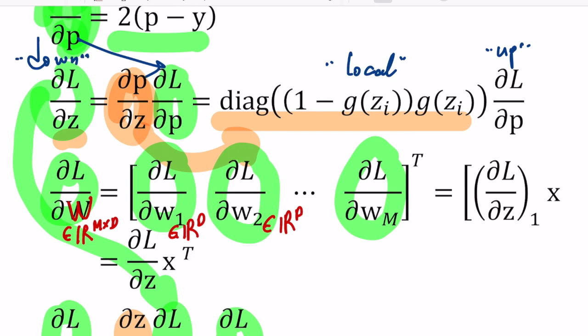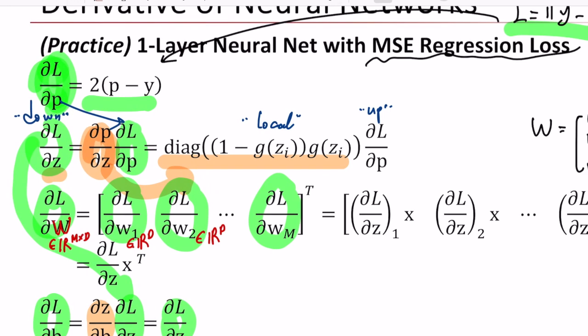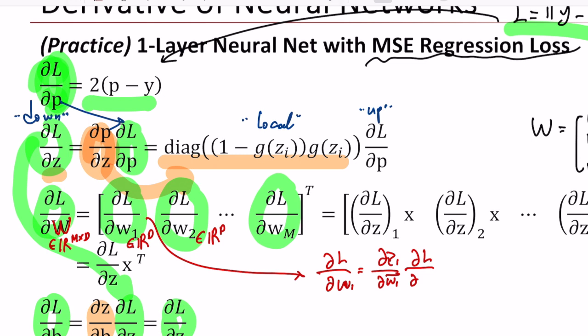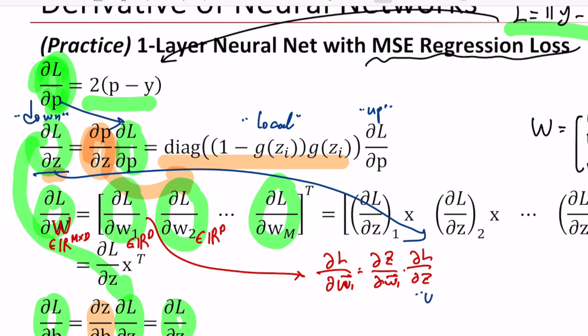Here, the loss gradient with respect to w1 can be easily computed by z1 over w1 times the loss gradient with respect to z1. The loss gradient of z is from here, the upstream gradient. The other is the local gradient, and then it's going to be the downstream gradient.